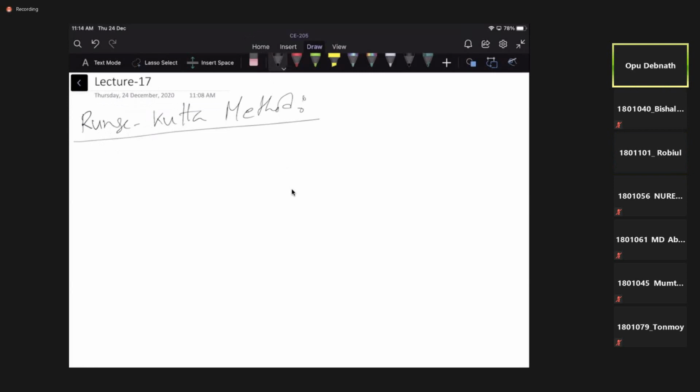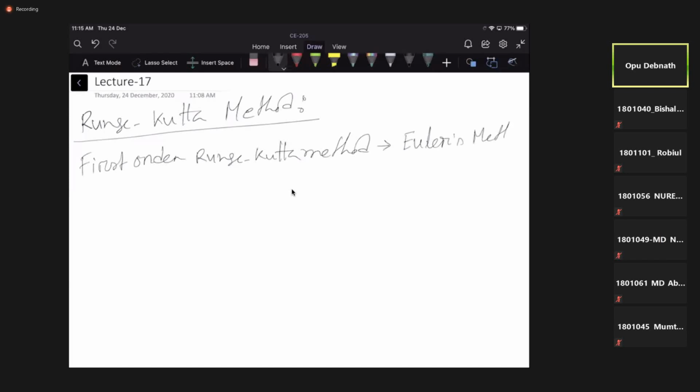So let's start the first order. The first order Runge-Kutta method is nothing but the same process and the same equations as Euler's method, so I am ignoring that one. The first order Runge-Kutta method is actually identical with Euler's method.